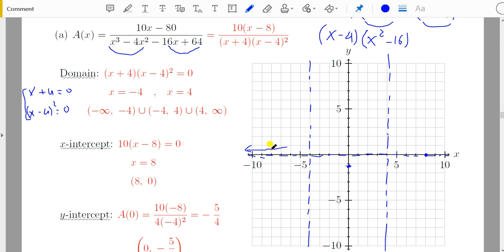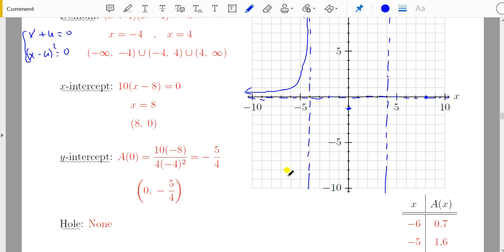As we move to the right, it approaches the vertical asymptote and never crosses it. And it is in the positive region.